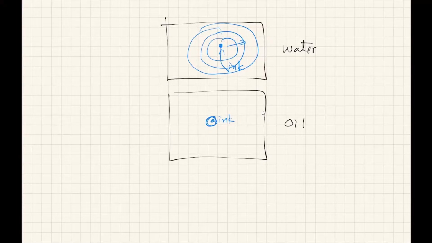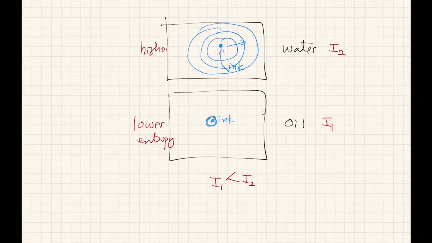So I would say this is entropy 2, and if this is entropy 1, this is lower entropy, and this is higher entropy.